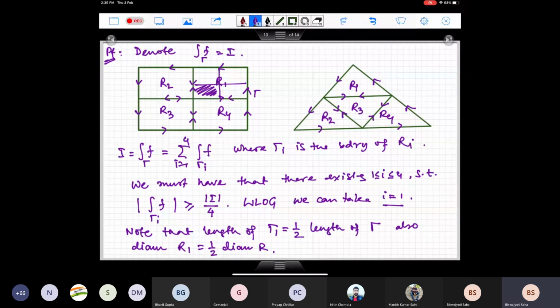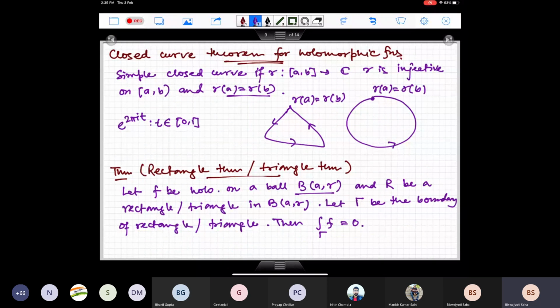Okay, so whatever rectangle or triangle theorem I have proved, with the domain being just a simple ball, the proof goes through as it is, as long as you take any rectangle that is completely inside the ball, in the sense that not only the boundary but the interior of the rectangle is inside your set.